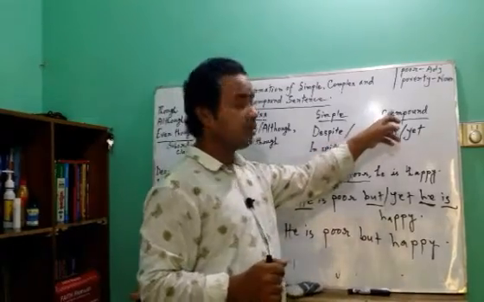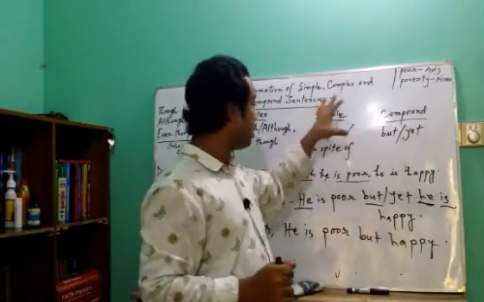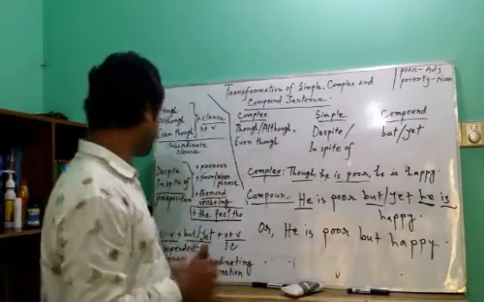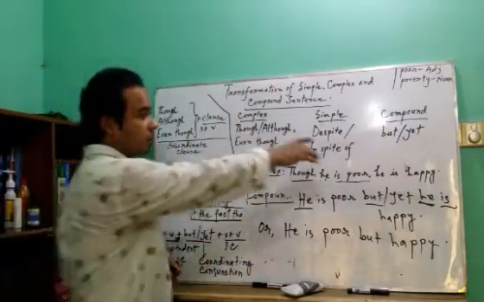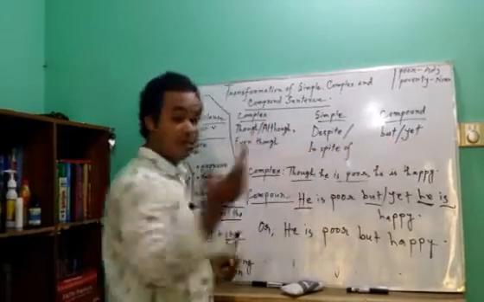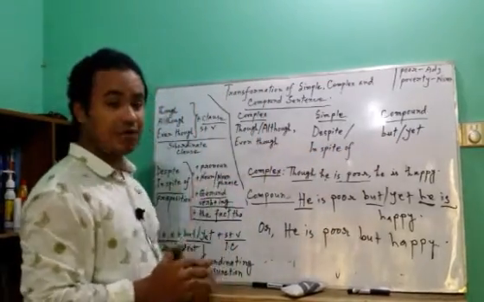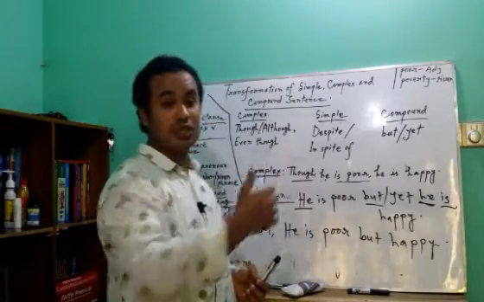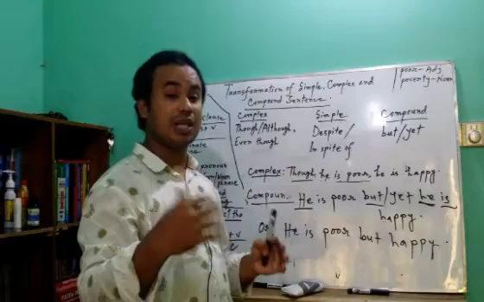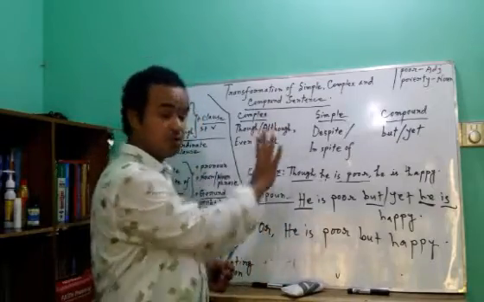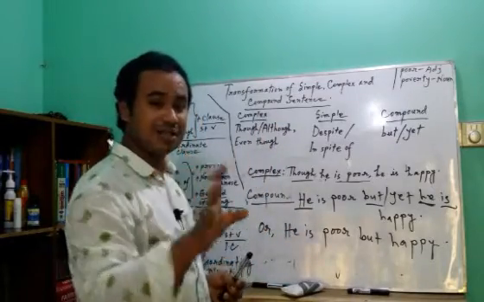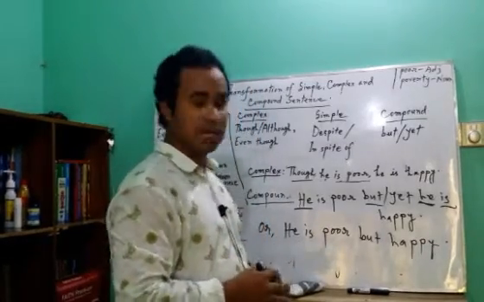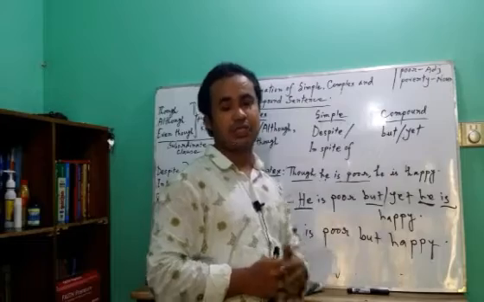In the compound sentence, to make these complex and simple sentences compound, we are using coordinating conjunctions but, or, yet. Before the coordinating conjunction we use an independent clause, and after it another independent clause, and the two independent clauses are joined by a coordinating conjunction, and that is but, or, yet.